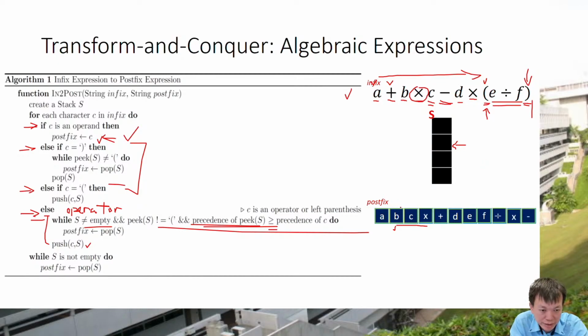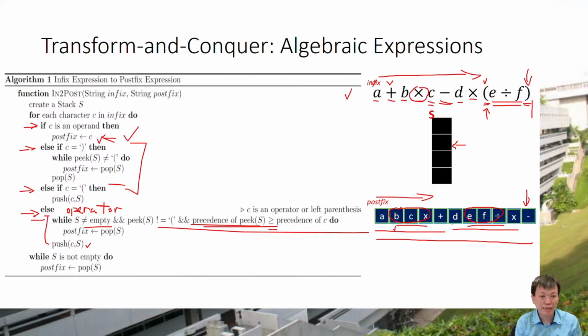When you scan from left to right, you will definitely do the multiplication, and then the plus. Then for D, E, F, E and F, these two will have the operation done first. You do the evaluation first, then you do the multiplication with the D. Then the last one is the whole expression with the minus.